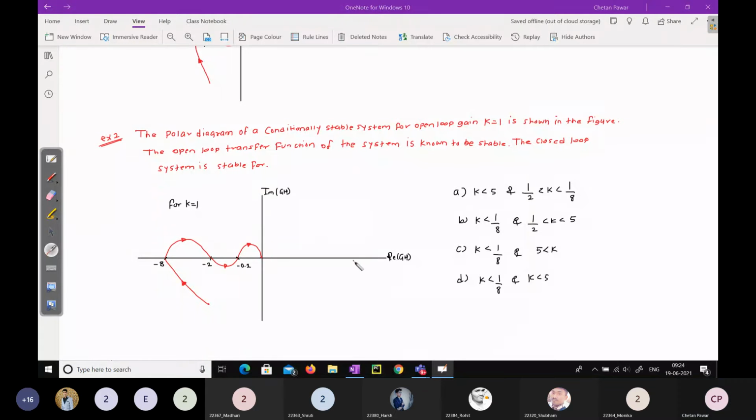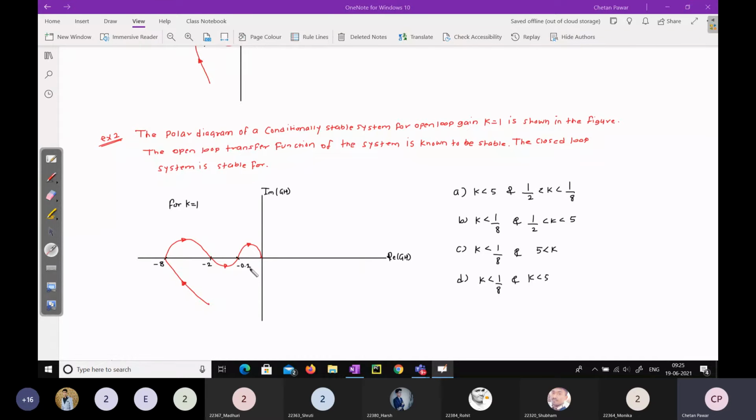Now one thing is there, this is a GATE competitive exam problem. Generally on the internet, you may find that some people have drawn just the inverse polar plot for this, and using the Nyquist plot, they have determined the stability. But we don't have the open loop transfer function with us.